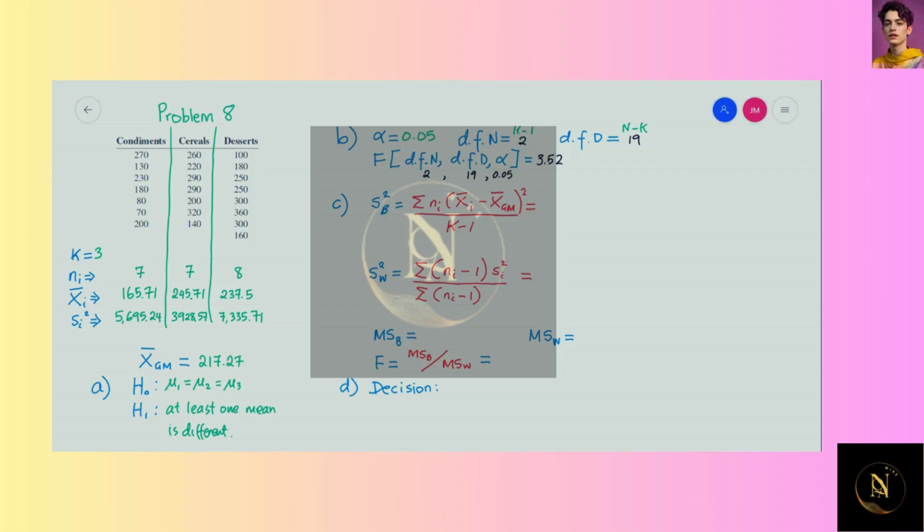Now we can substitute the values into this equation so that we find the value of the variance between the groups.